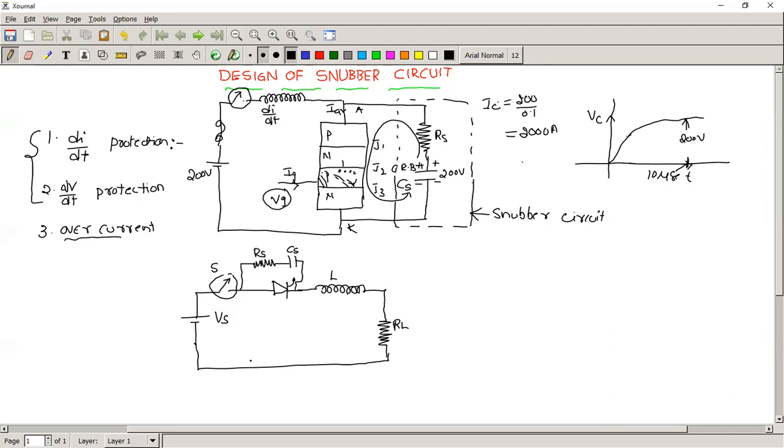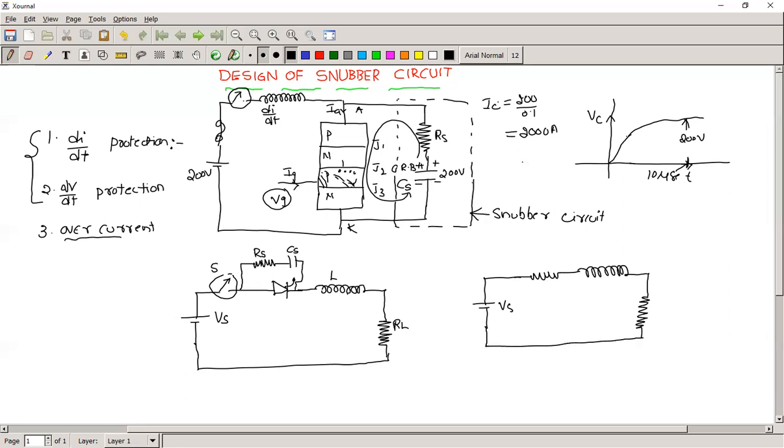Now the resultant circuit consists of the voltage Vs, Rs, the inductor, and again RL. This is the resultant circuit.